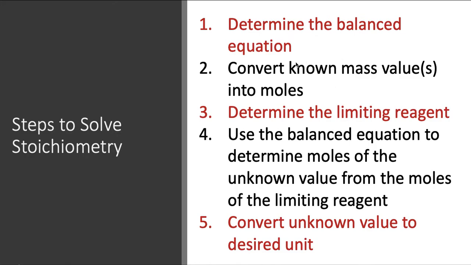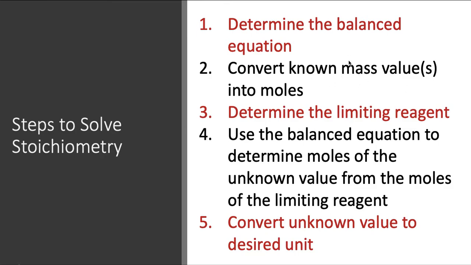Then you check to see if the known quantity is in mass in grams or in moles. If it is in grams, you're going to have to convert it to moles because you cannot use the balanced equation if you have a mass in grams directly. That equation only relates moles of one substance to moles of another substance, not grams of a substance.